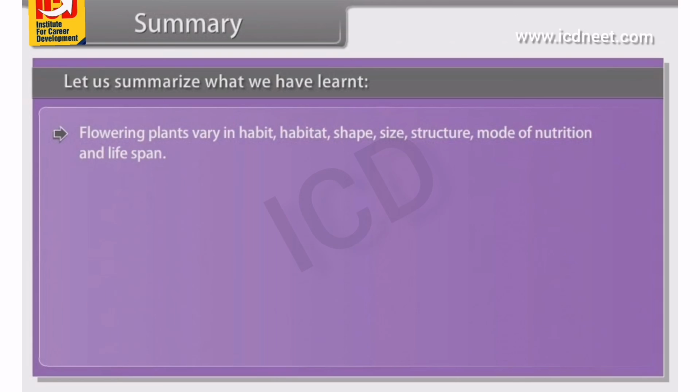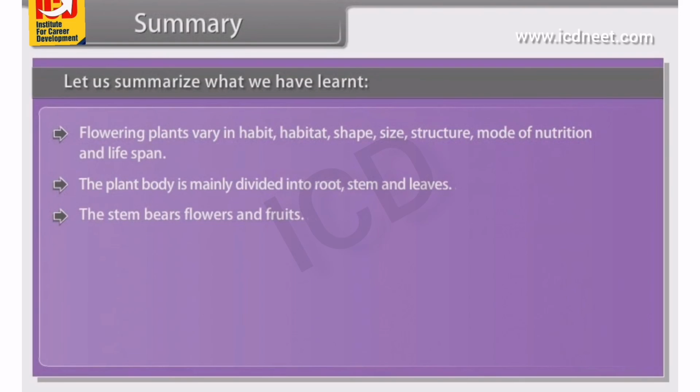Flowering plants vary in habit, habitat, shape, size, structure, mode of nutrition, and lifespan. The plant body is mainly divided into root, stem, and leaves. The stem bears flowers and fruits.